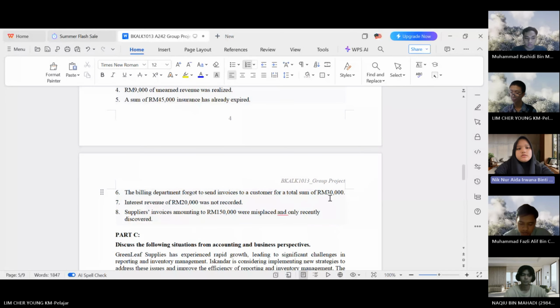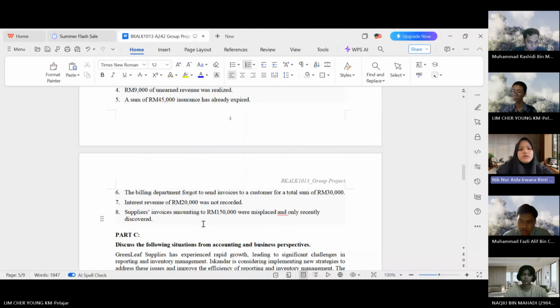Also, 30,000 of sales was not invoiced. So revenue and accounts receivable are both understated. And we have 20,000 of interest income unrecorded. Again, that causes income and assets to be understated.